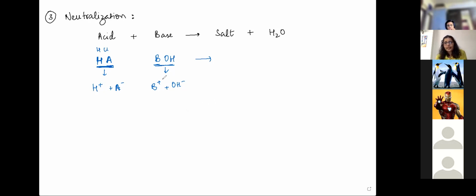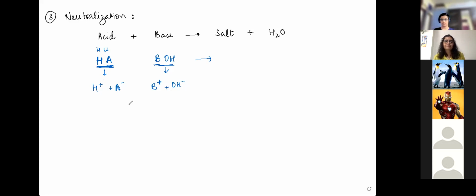Not sure? Check what ions are attracted to each other. Same charge or opposite charge? Opposite charge. So on that basis, what ions will be attracted: H, A, B, OH?